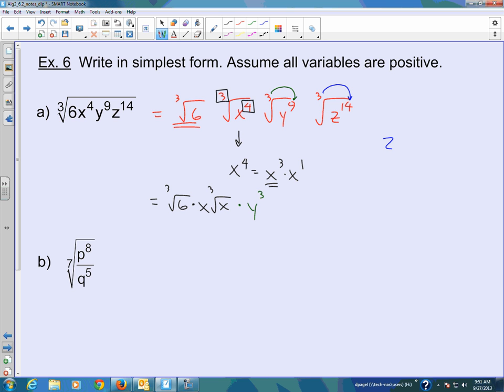So z to the 14th could be written as z to the 4th cubed times z squared. 4 times 3 is 12, 12 plus 2 is the 14. So here we see that if I took a cube root of z to the 4th to the 3rd power, just a z to the 4th comes out of that.